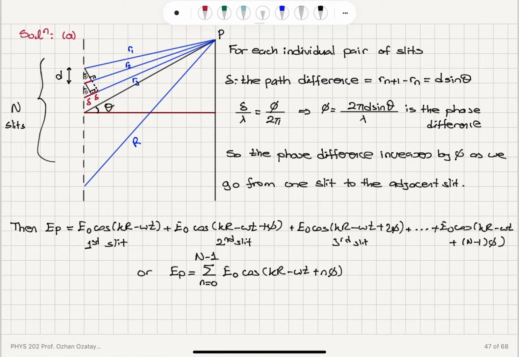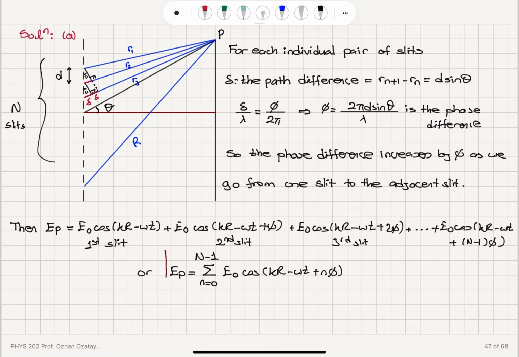For 0 we have the first slit. For 1 we have the second slit. For 2 we have the third slit. And for capital N minus 1 we have the nth slit contribution. Second was 1 phi. Third was 2 phi. So the capital nth is capital N minus 1 times phi. So this will be our electric field at point P.